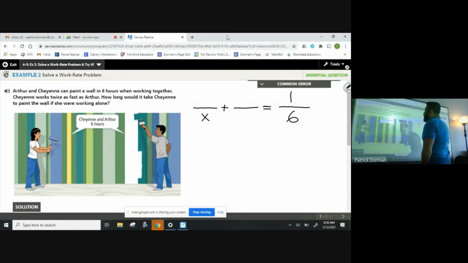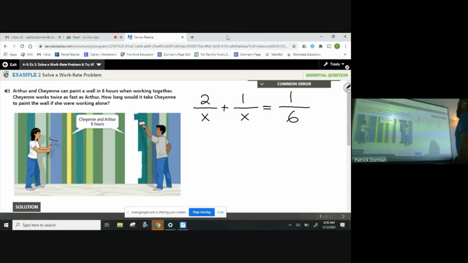How much of the wall does Cheyenne get done? Well, she can actually do 2 in the same amount of time that it takes Arthur to do 1. All right, so now we've set up our equation.